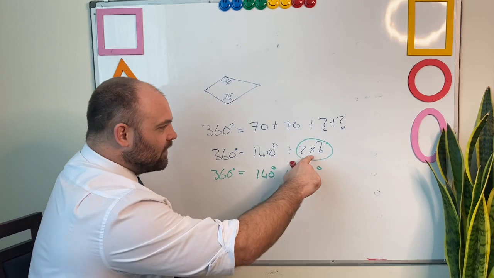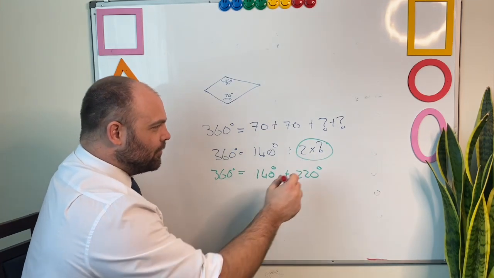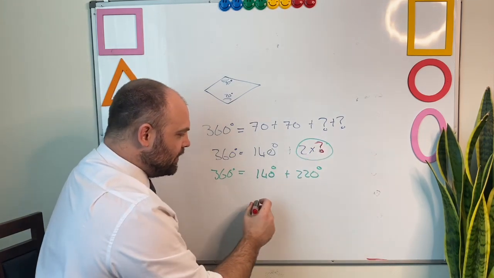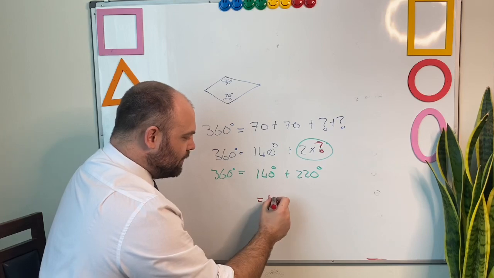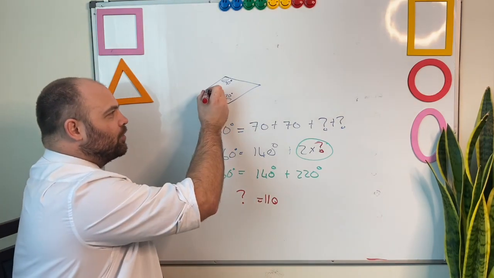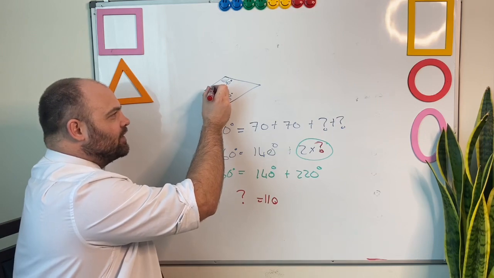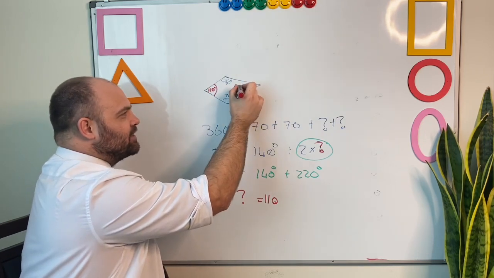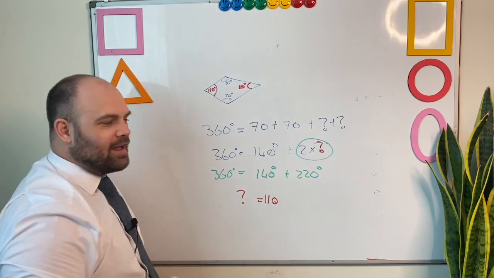So this missing angle here, the question mark, is equal to 110. So I put 110 for this angle and 110 for that angle.